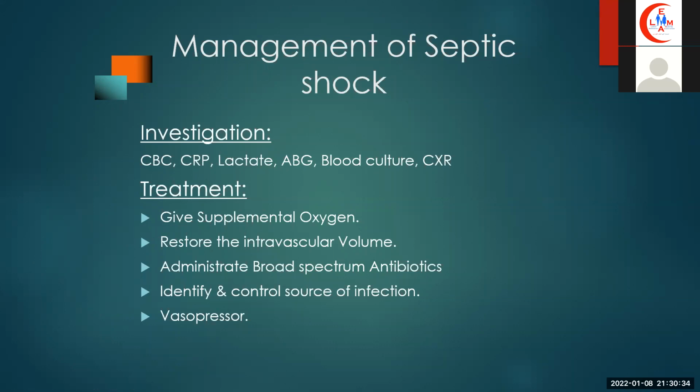Blood culture is very important before you give the antibiotic, but don't delay giving the antibiotic because of getting the blood culture. If you think that there will be a delay in doing the blood culture, don't delay giving the broad spectrum antibiotic. Cultures also need to be taken from the suspected source, like sputum, urine.